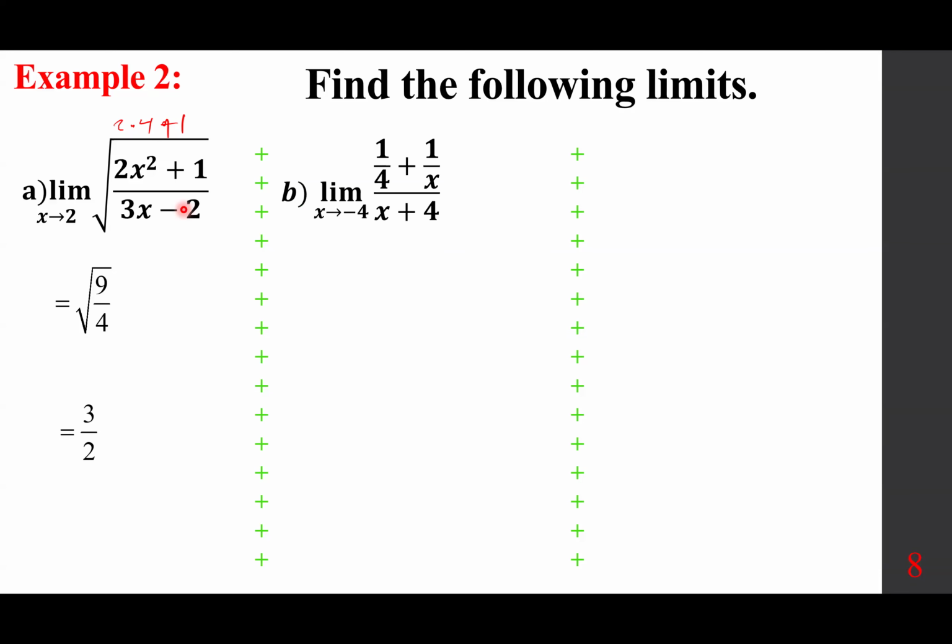The limit of 1 over 4 plus 1 over x plus 4 as x approaches negative 4 is of interest to us. And if you plug in minus 4, I hope you realize that it's 0 over 0, and therefore it's what we call indeterminate.